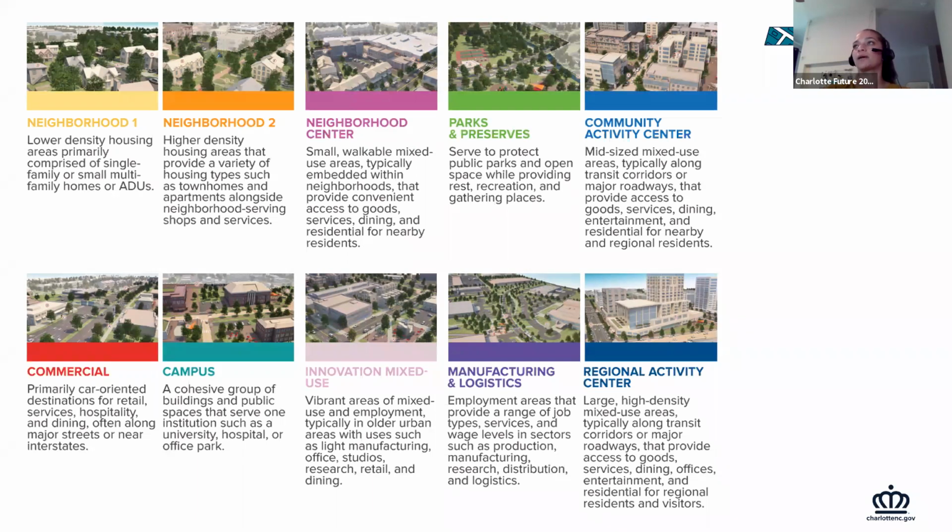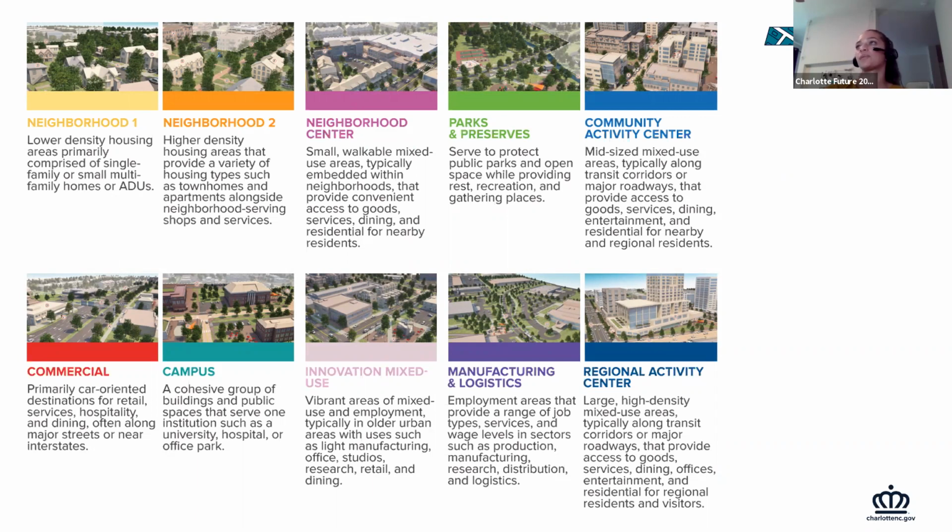By comparison, the neighborhood center is your smaller walkable mixed use areas where you find your services. And then the community centers are your mid-size, typically found along transit corridors, again providing goods, services, entertainment, as well as residential.